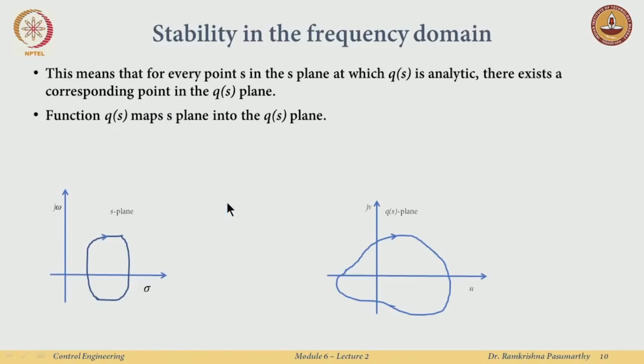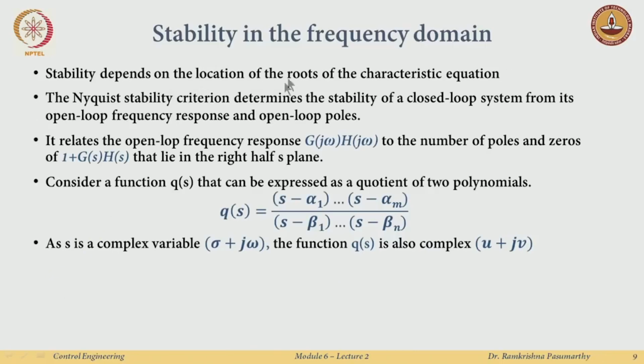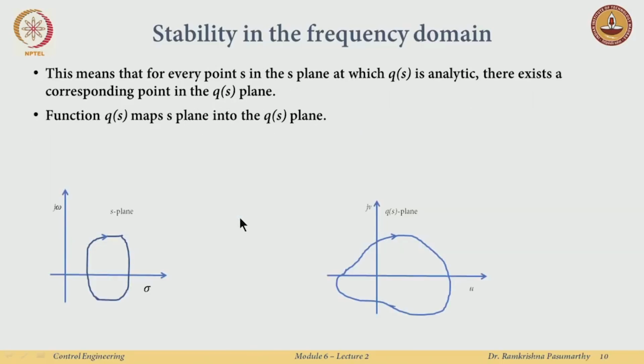So what does this mean? For every point S in the S plane, this is my S plane, let me call this point S1, there will be a corresponding point Q of S1 here, for all the points at which Q of S is analytic, where I can actually compute this.